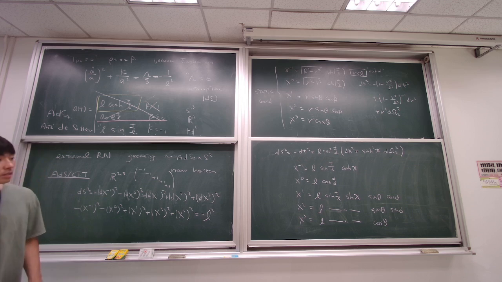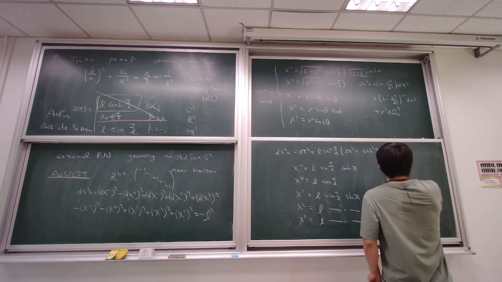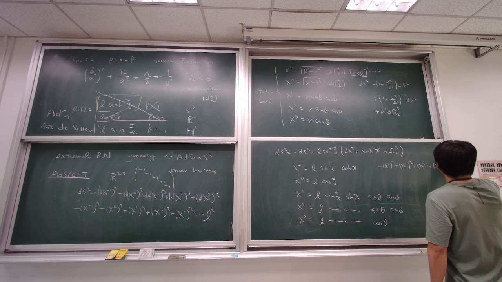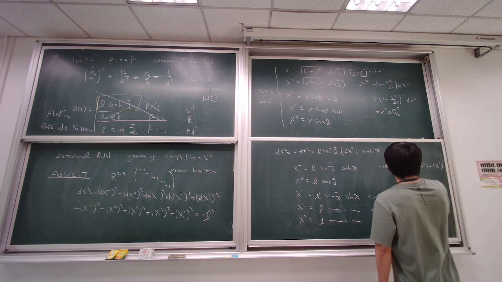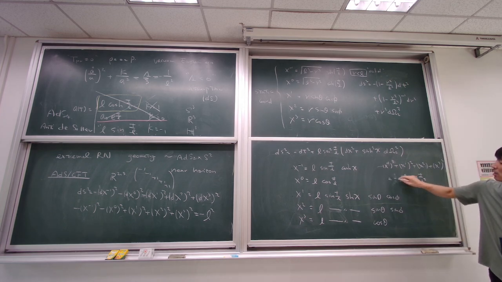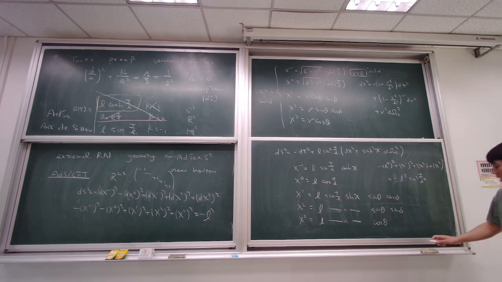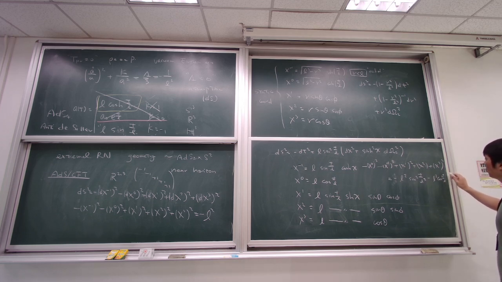If you evaluate x minus 1 squared, it is L squared sine squared t over L. Then if you add the minus x0 squared, you get minus L squared cos squared t over L. So therefore, this is minus L squared. Do you agree with me?